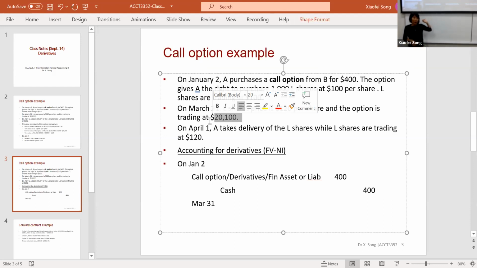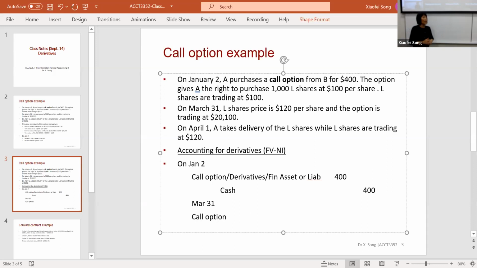The value of the option is $20,100. On our balance sheet, it still shows $400. So we need to make adjustments so that on our balance sheet, it will be fair value as well. So we need to increase the value, adjust the call option.